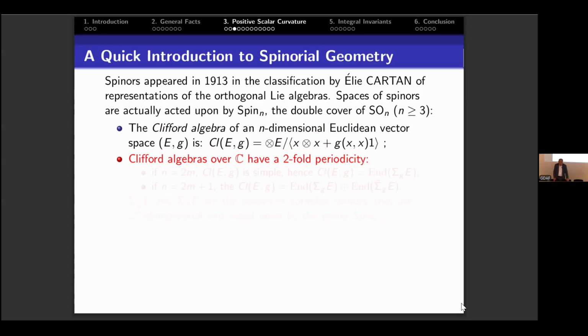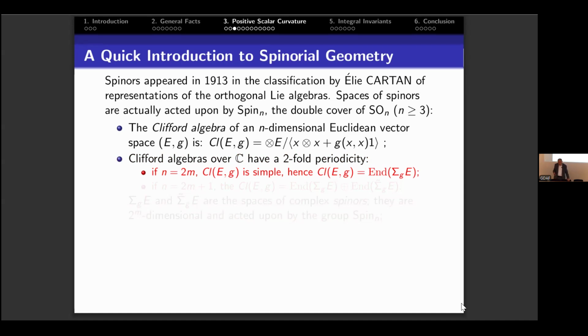And one thing which has been noticed very quickly, actually it was known to Cartan, is that the Clifford algebras, the ones I just built, if you look at them over the complex numbers, over the reals it's slightly more complicated, but let's stick to complex numbers, they have a twofold periodicity. So if the dimension is even, then the Clifford algebra is simple. And if it's a simple algebra, it's the endomorphism algebra of some vector space.